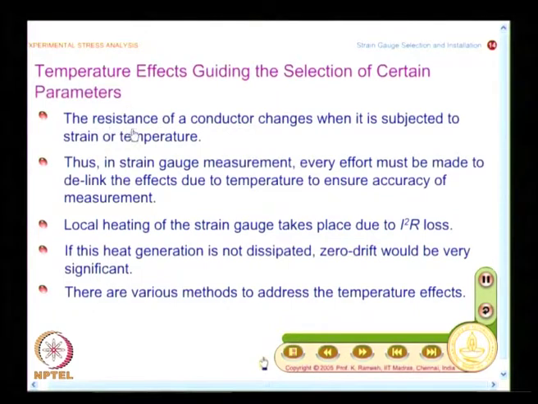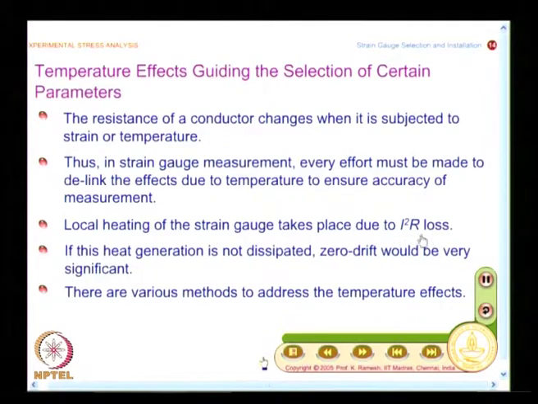The basic idea is that the resistance of a conductor changes when it is subjected to strain or temperature, and the question is, how does temperature change come about in a strain gauge? Local heating of the strain gauge takes place due to I squared R loss.